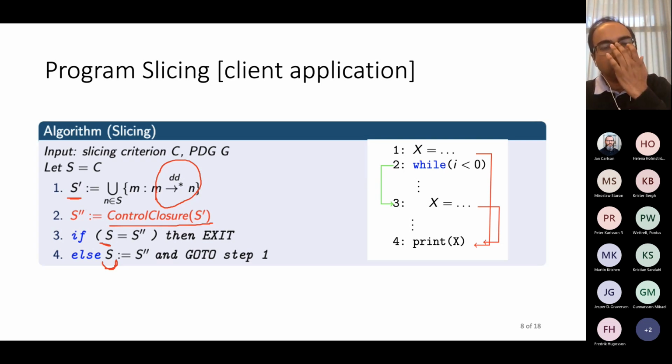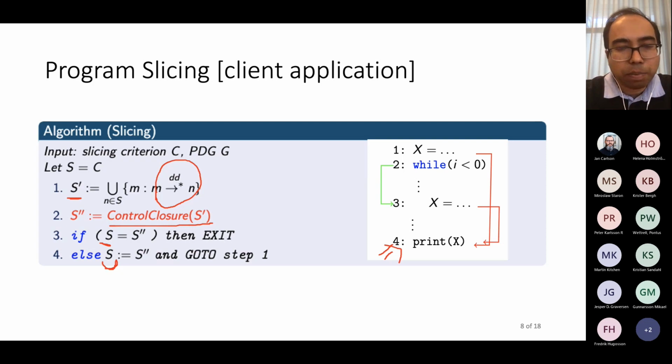Now if we think of this algorithm in terms of this program, for example, if our slicing criterion contains statement 4, then from 4 it takes the data dependency nodes into account, like statement 3 and statement 1, and then it computes the weak control closure or strong control closure and includes statement 2. At the end we get this slice.